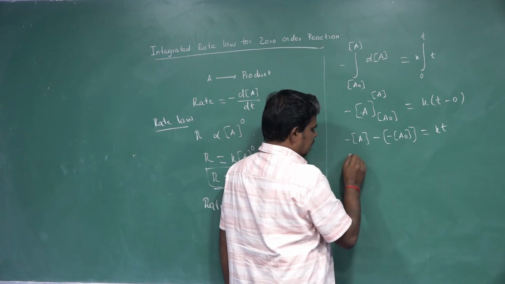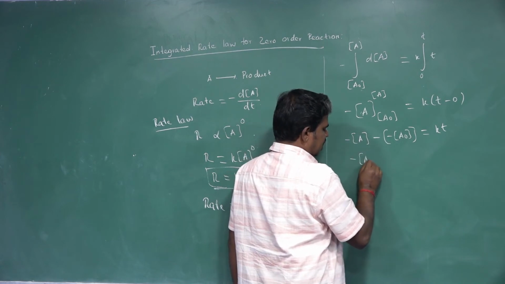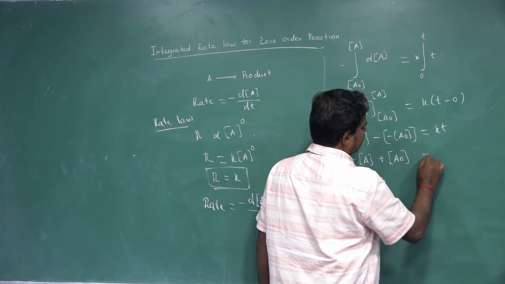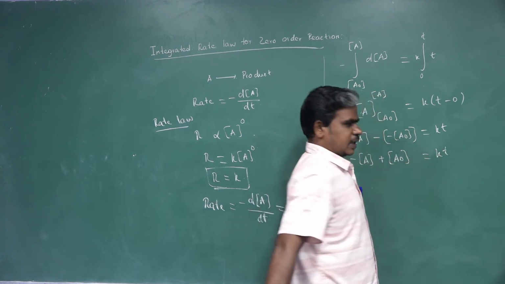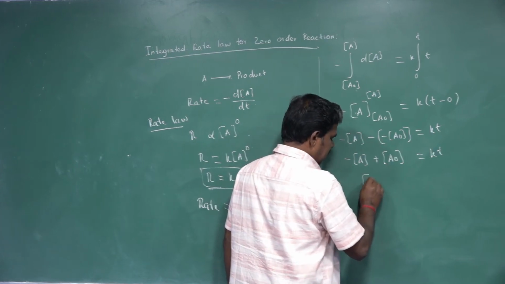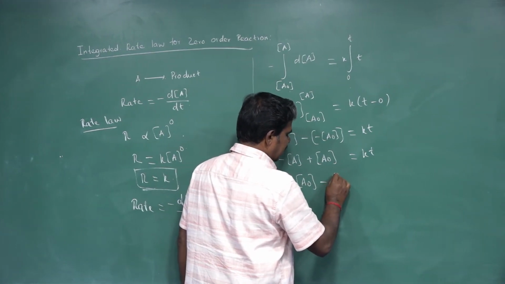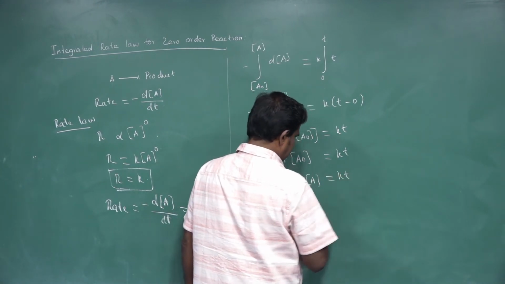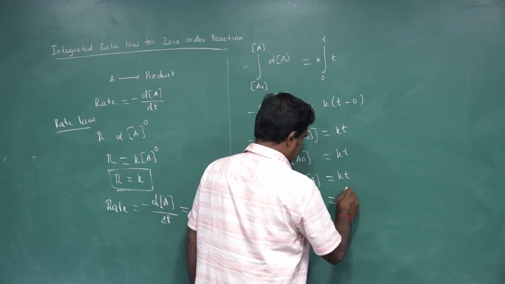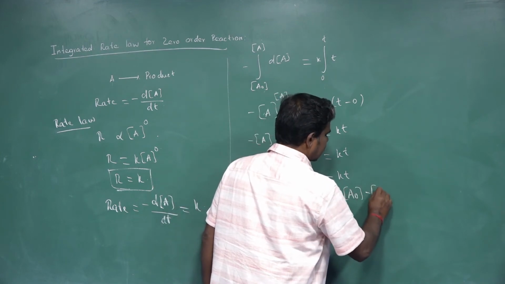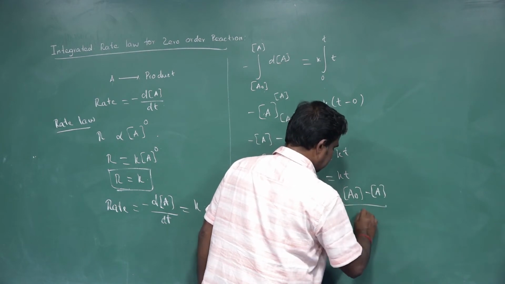So what is that? Here minus [A] plus [A] naught is equal to k into t. So [A] naught minus [A] is equal to k into t. So k is equal to [A] naught minus [A] by t.